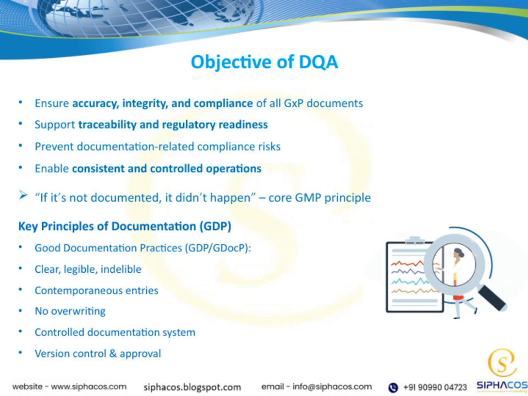Overwriting is a no-go. All entries should be permanent and traceable. We also need a controlled documentation system, one that manages versions and ensures proper approval processes are in place. This way, we keep everything consistent, accurate, and compliant, supporting our overall quality and regulatory readiness.